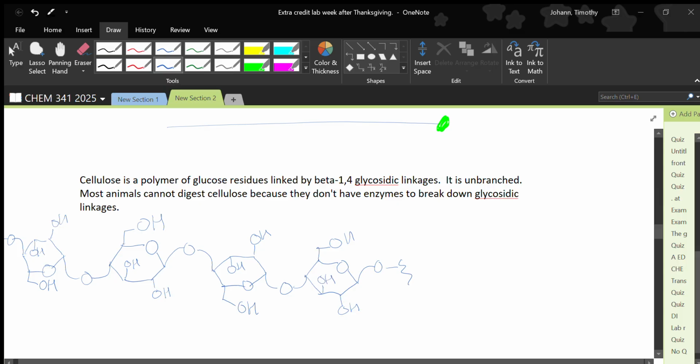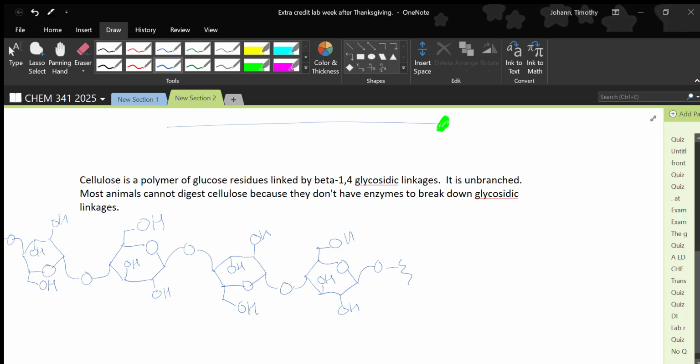Like that, okay? And so what we've got is a beta 1,4. The beta is here, right? If we just look at the up ones, each of these is going up, this is going up, but that's upside down. And then it's going to connect to the other one over here by coming up from the bottom, because this is glucose. Glucose, this hydroxyl has to be down.